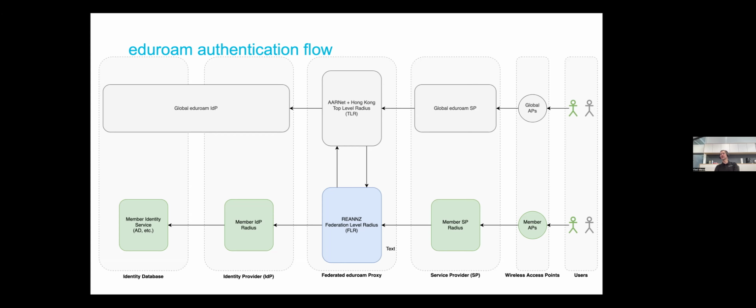And similarly, if a New Zealand user is traveling overseas and finds an eduroam access point somewhere, they would go through the member organization offering it and their federation and eduroam hierarchy to us, and then we would forward the authentication request to their identity provider server.